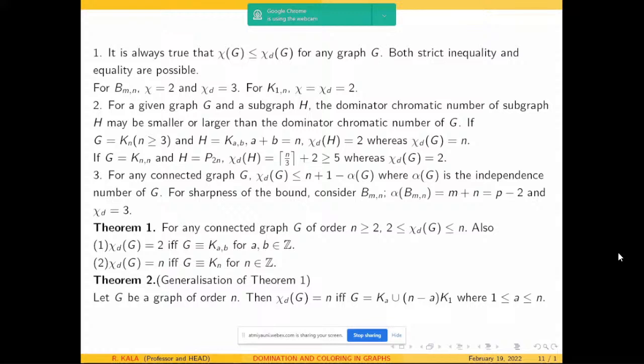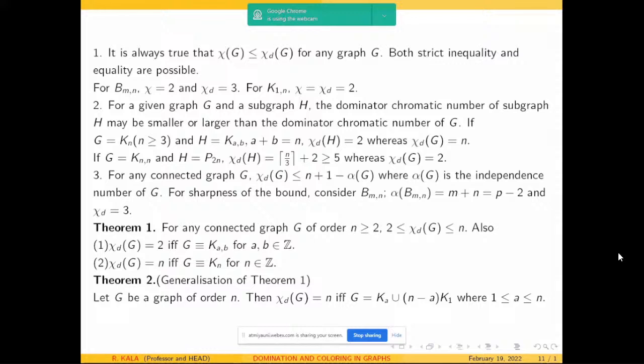So in that case, I will have K1 comma n minus 1. Suppose both the color classes have at least 2 vertices, so the cardinality of V1 is greater than or equal to 2, as well as the cardinality of V2.